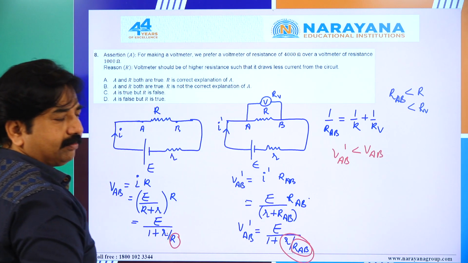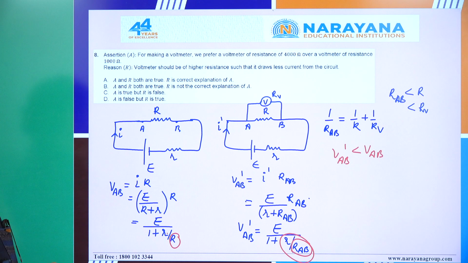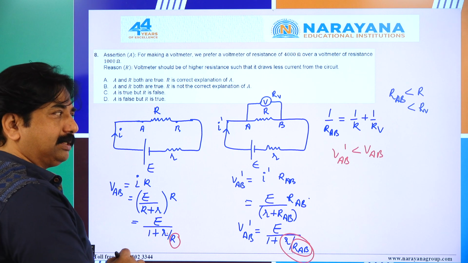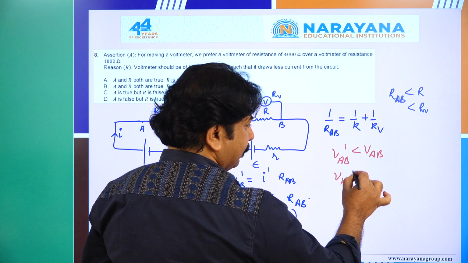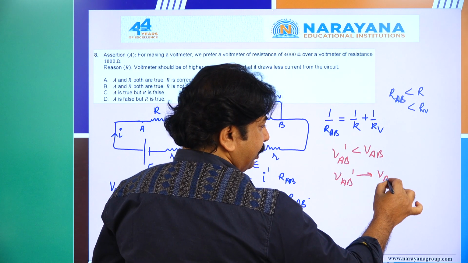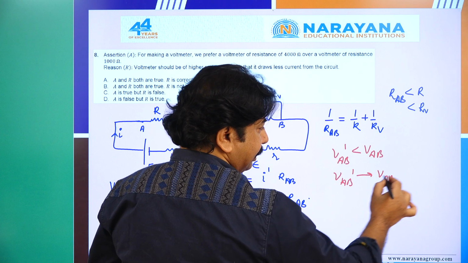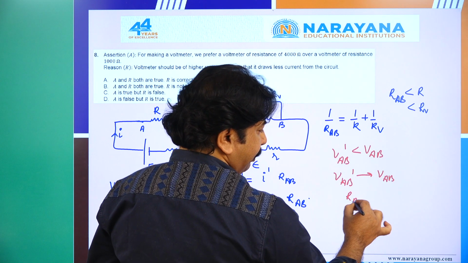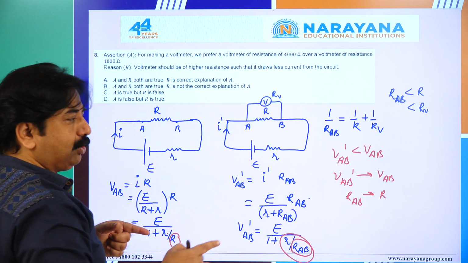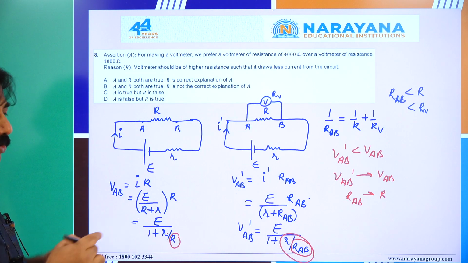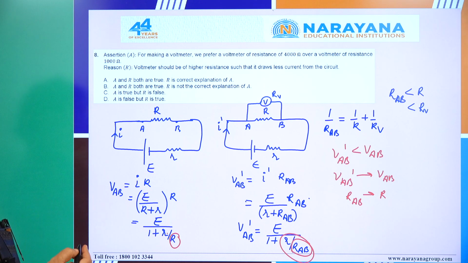But one condition, accuracy. We have to discuss the accuracy. Means VAB dash tends to VAB at the condition RAB tends to R. When RAB equals R or tends to R, then only VAB dash tends to VAB.